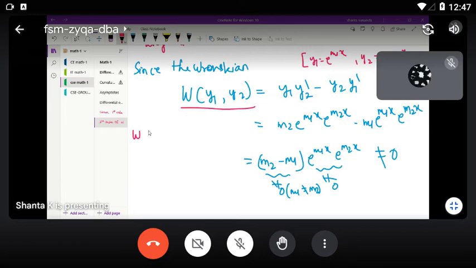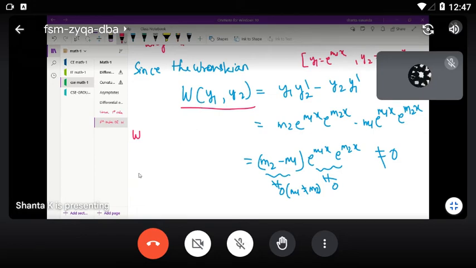Do you know that? No, ma'am. Linear independence is in the second semester, it's a long topic, and we'll be seeing that. From the name only you can understand. And how to know whether it is linearly dependent or independent, you will get it from this.